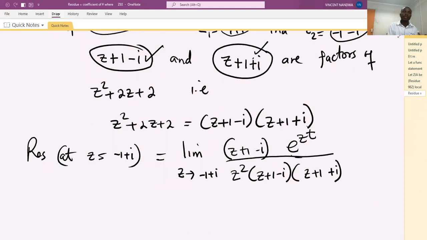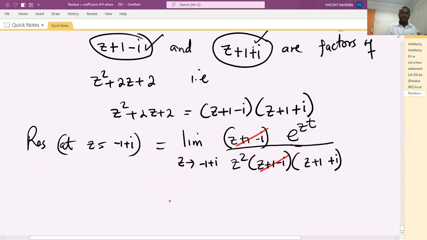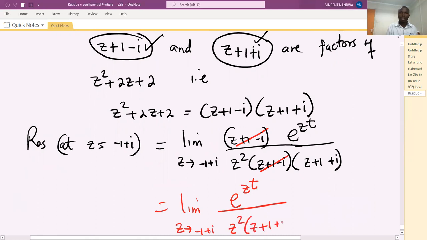So with this cancellation, we'll have the limit as z approaches -1 plus i of e raised to the power zt over z squared times (z plus 1 plus i).